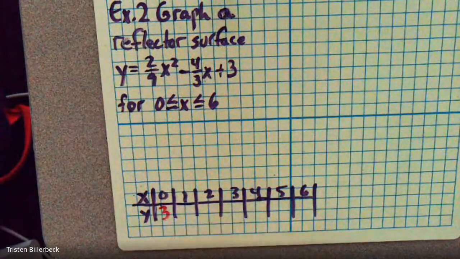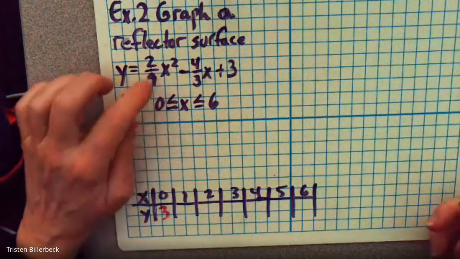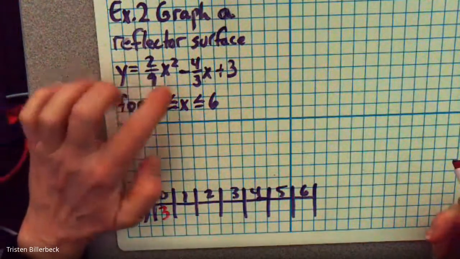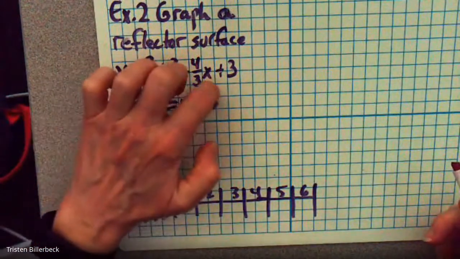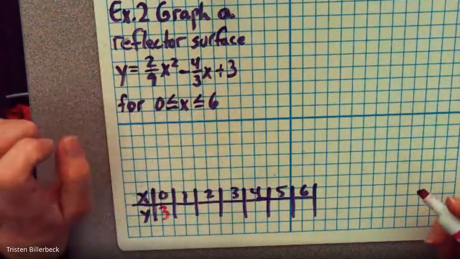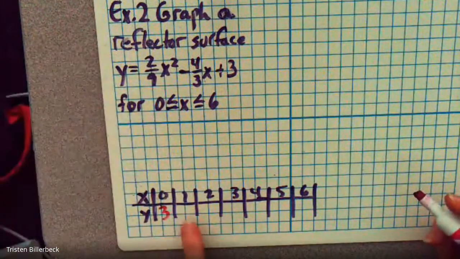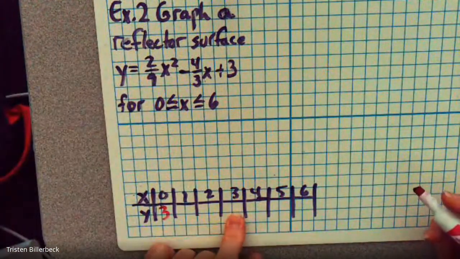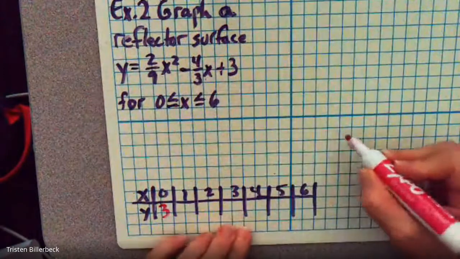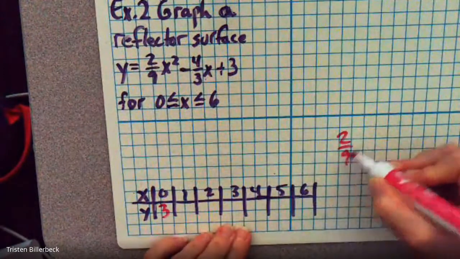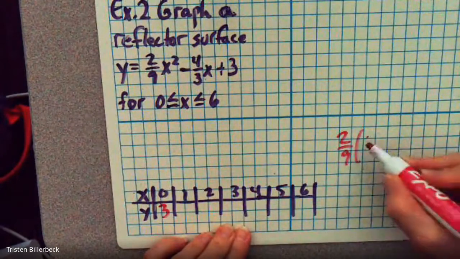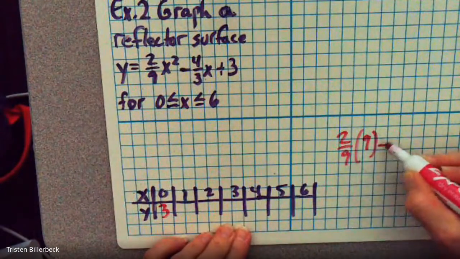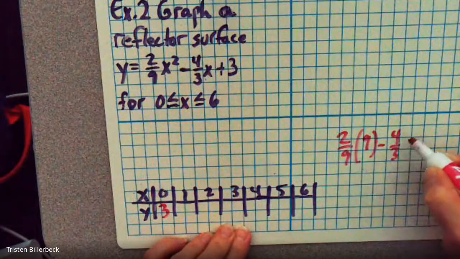1's not too bad. So actually, I think I want to use some factors of 3 so I can cancel some of these 3's out. Don't you think that would be wise? So let's skip 1 and 2 and go with 3. So 3, if we did that, it would be 2/9, and then 3 squared is 9, minus 4/3 times 3.